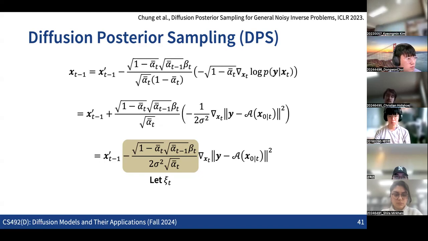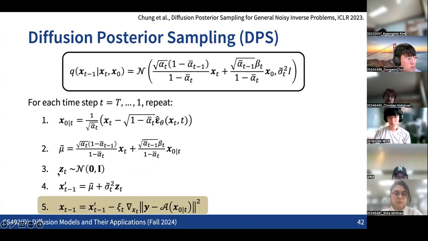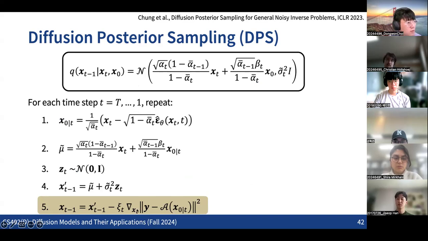So you can check out those formulations. Interestingly, what we can see is that adding guidance through the y here is nothing but running the denoising process as we have done in typical DDPM or DDIM reverse process, and adding just one line of code, which is adding the gradient of the L2 loss between the real measurement and the observation coming from the prediction of the x0 here.